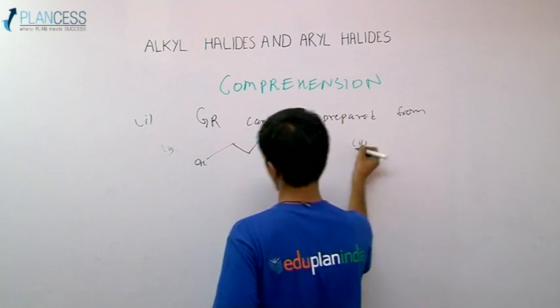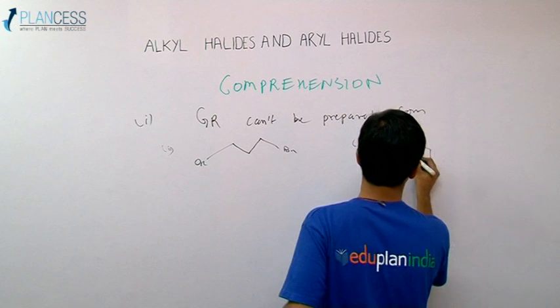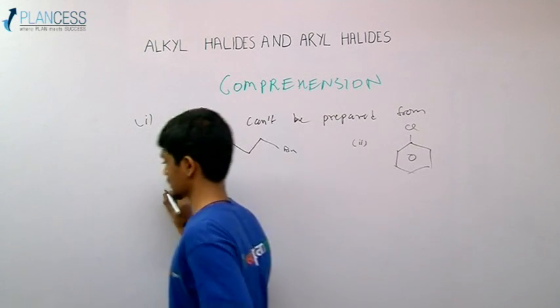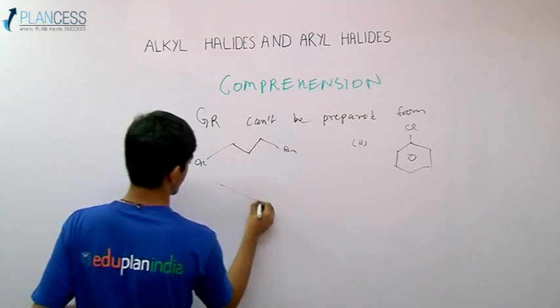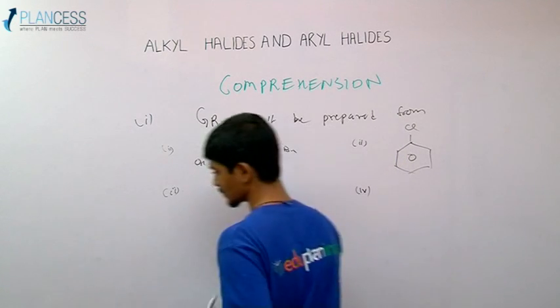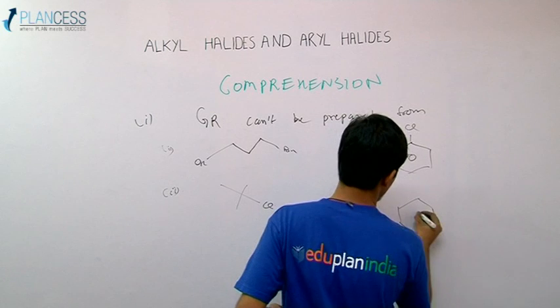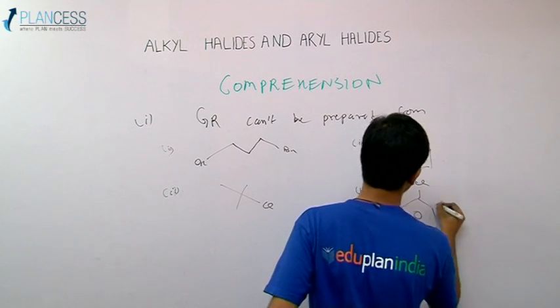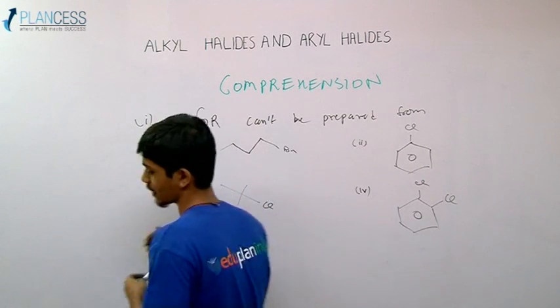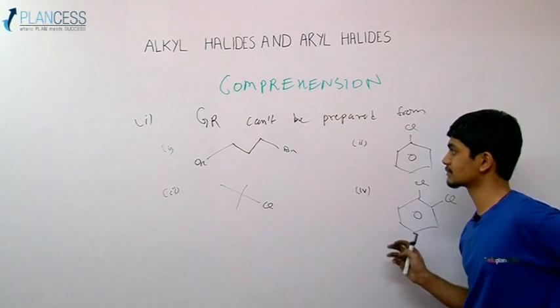Second option says Cl. Third option says Cl. Fourth option says we have dichlorobenzene, with Cl and Cl.